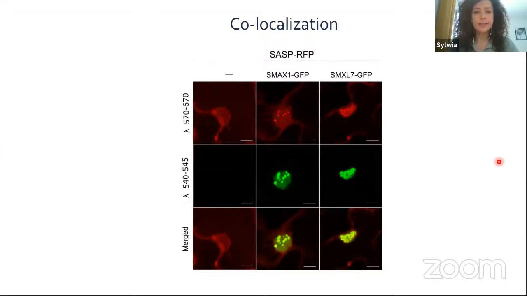We also tested whether the SAS domain can change its localization and go to nuclear speckles as well. As you can see here, SAS-RFP by itself is only in the nucleus, but the moment it's co-expressed with SMAX1 or SMAX7-GFP, it also goes to the nuclear speckles, so it's co-localizing in the nuclear speckles.